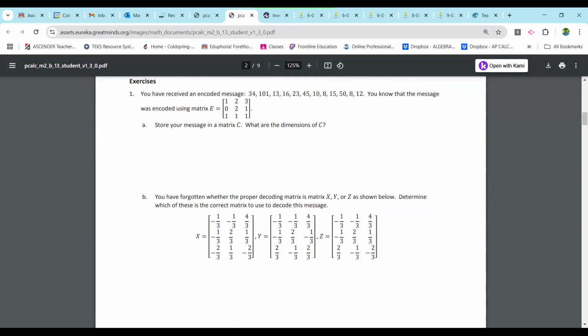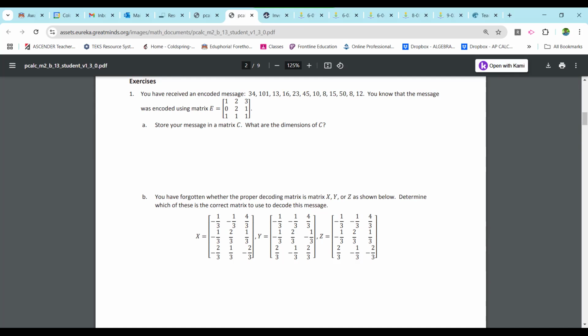These are the numbers we got. 34, 101, 13, 16, 23, 45, 10, 8, 15, 50, 8, 12. By just looking at it, can you kind of see what the message is going to be? No, I have no idea. There's more than 26 numbers. I couldn't tell you what it's going to be. But we have the key, right? We're given the key code of matrix E is this 3 by 3 matrix.